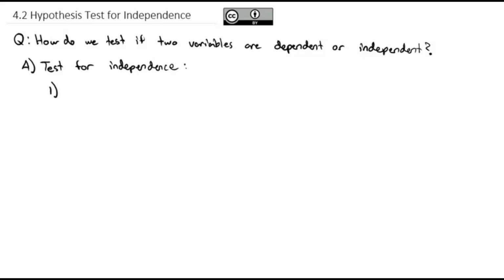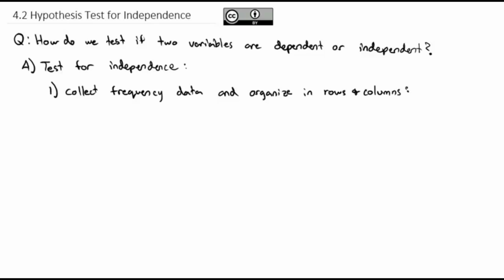What we'll do to test for independence is we will collect frequency data and organize it in rows and columns.